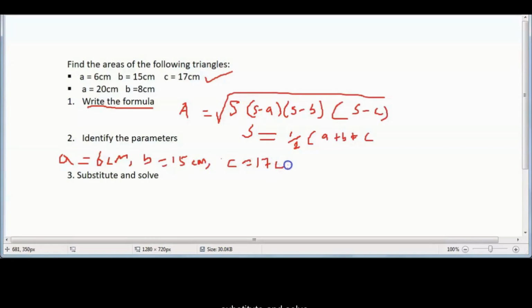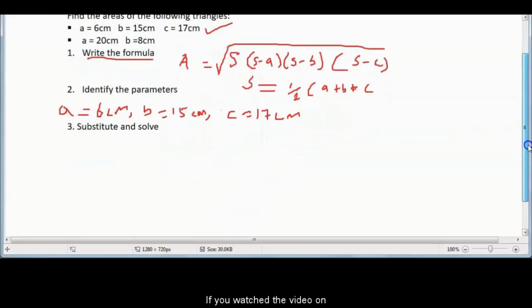Substitute and solve. Then we have A, which is unknown, the area. If you watch the video on substitution in previous weeks, this should not be a problem.